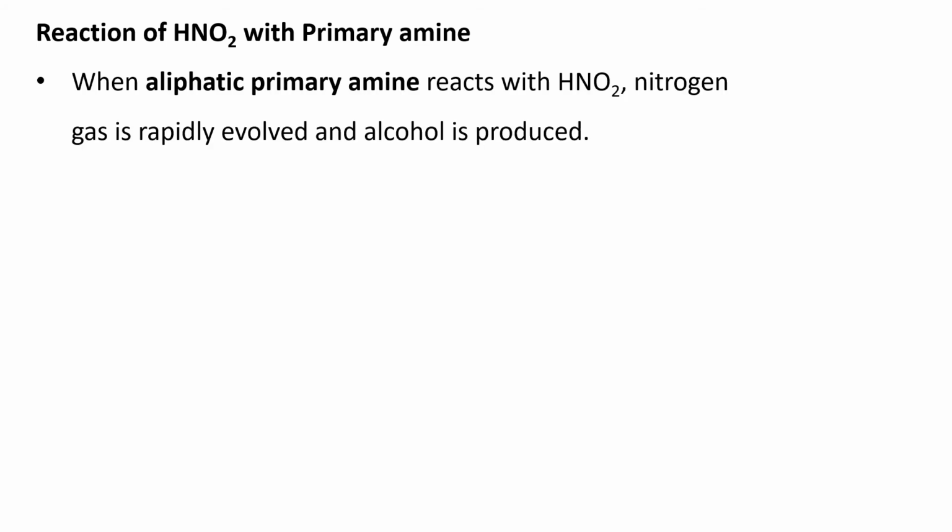So let us see the reaction of primary amine with nitrous acid. When an aliphatic primary amine reacts with this nitrous acid, a rapid evolution of nitrogen gas can be seen in a clear solution.